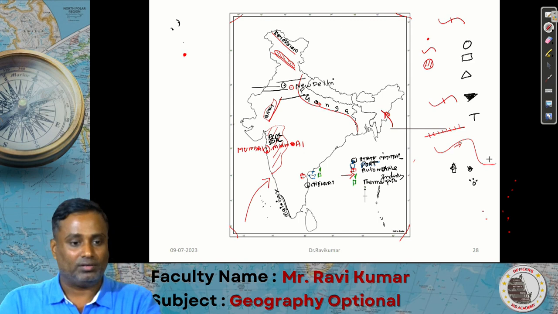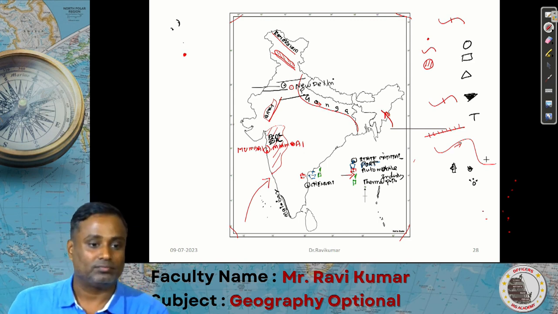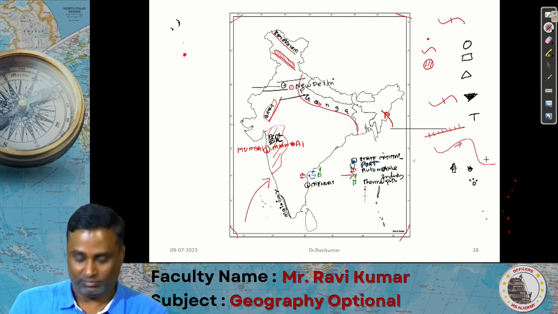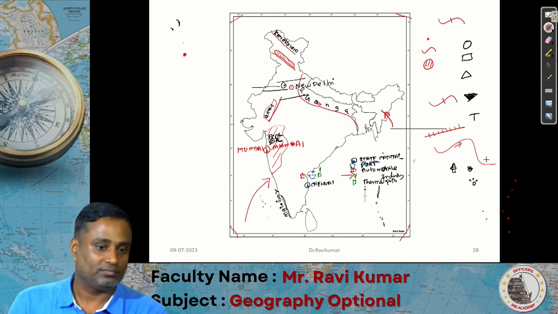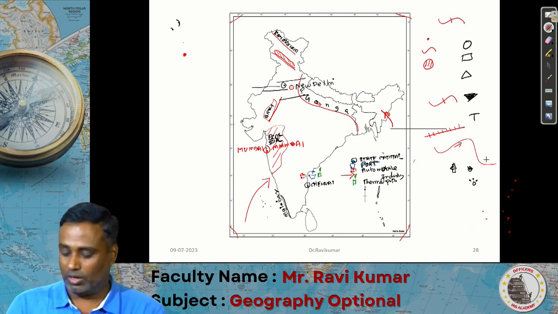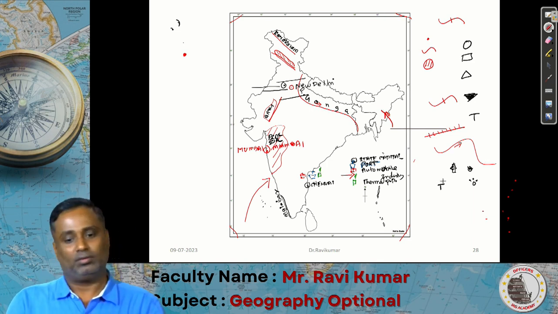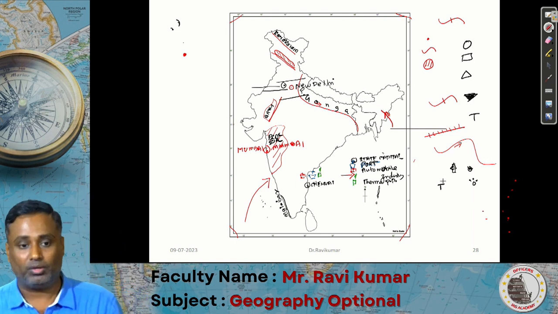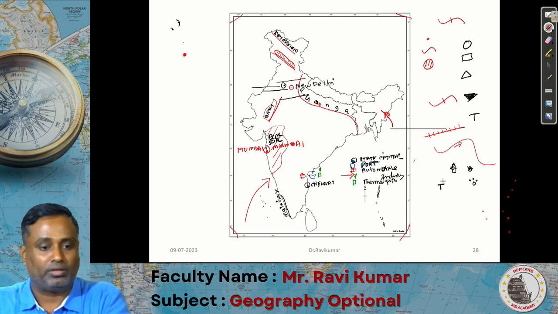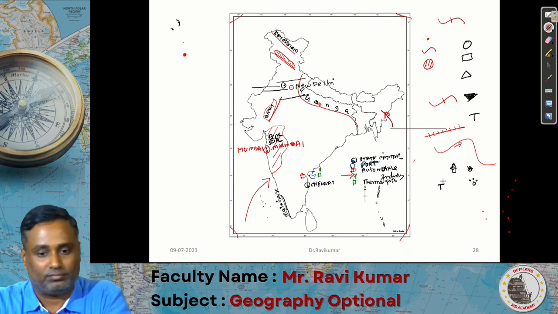Pug mark of a tiger, there is a tiger reserve. That's based on creativity. But whether you are drawing a pug mark or you are making a T for tiger reserve, doesn't matter. Both are similar, but you should use something to show it. That's based on your creativity and your artistic skill.